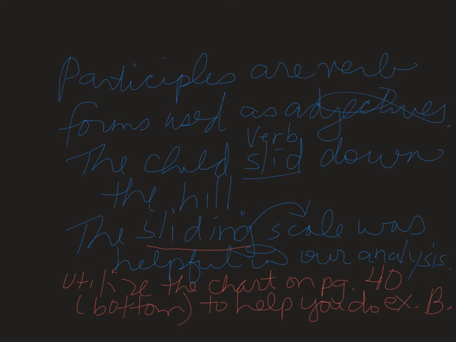And then finally, when you get to exercise B on page 41, you will want to use the chart just to the left of exercise B. The chart is on the bottom of page 40. And if you are unsure what order those adjectives need to go in before your nouns when you're writing them out, make sure that you consult that chart.